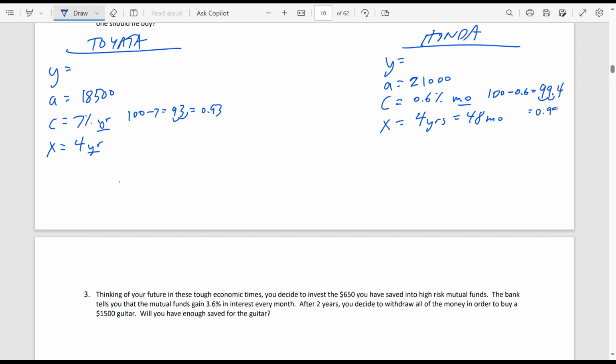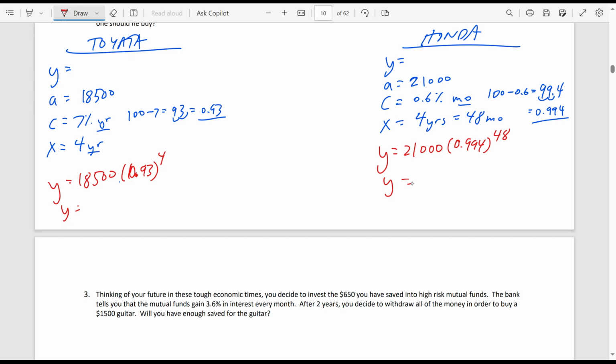That gives me 0.994. So that's the value I'm going to use to plug in. So on this side, it's going to be 18,500 times 0.93 to the power of 4. But over here, it's going to be 21,000 times 0.994 to the power of 48.